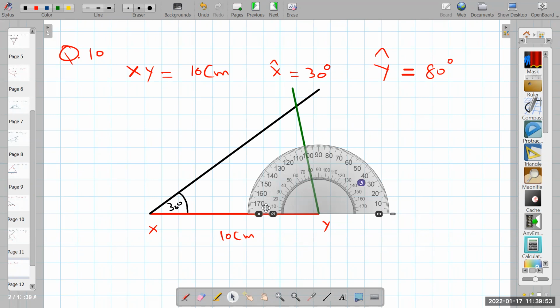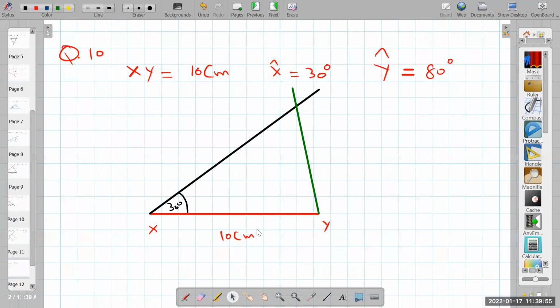Now, angle Y is equals to 80 degree. And this triangle name XYZ. So from where you bring the Z? It is in the question.